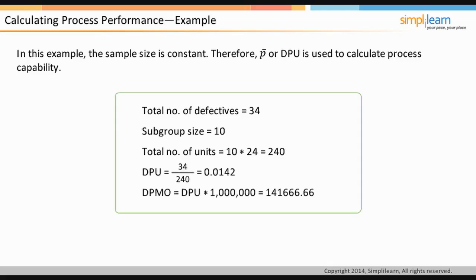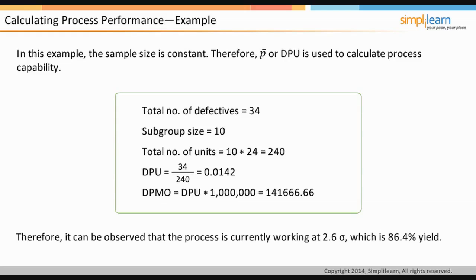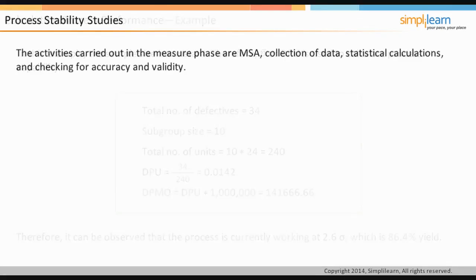The defects per million opportunities is obtained by multiplying the defects per unit with 1 million, which is 141,666.66. Therefore, by looking at the DPMO table, it can be said that the process is currently working at 2.6 sigma, or 86.4% yield.